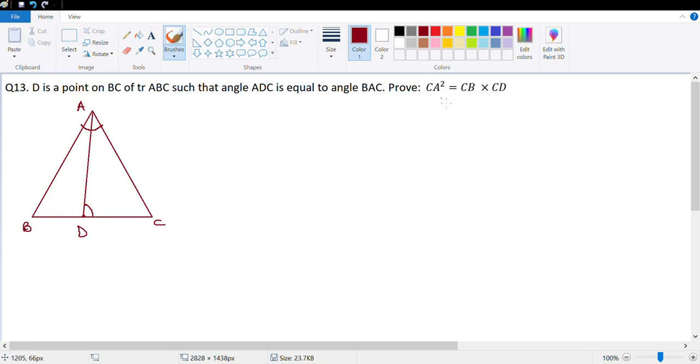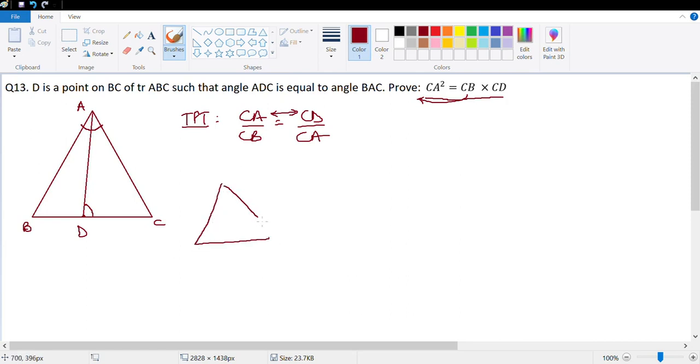So let's figure out which triangles to prove similar. What we have to prove is CA upon CB is equal to CD upon CA, which means I have to prove triangle ACD and ABC similar. Let's look at these two triangles separately.